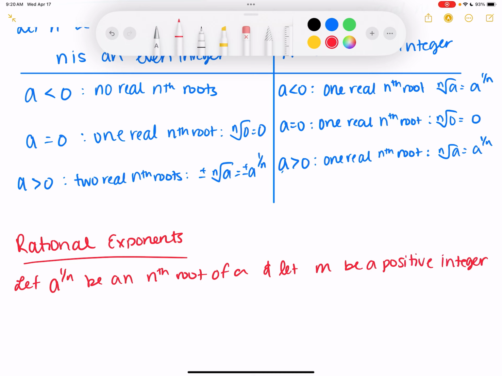Then a to the m over n is equal to a to the 1 over n raised to the m power, or in radical form can be written as the nth root of a raised to the m.